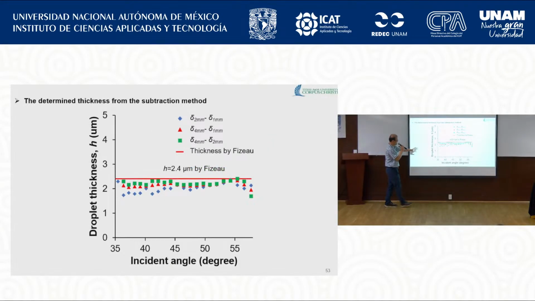It shows a very reasonable, very good agreement, right? Compared with the phase interferometry measurement, the 2.4 micron thickness was determined from the different aperture sizes: 1, 2, and 4 millimeter apertures.